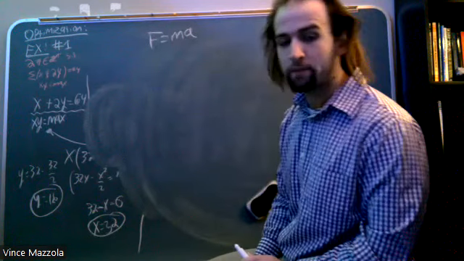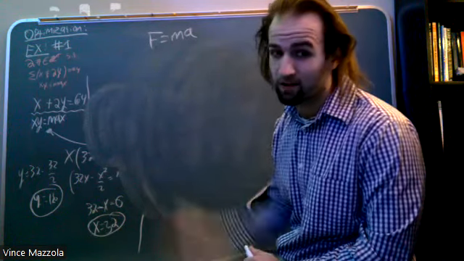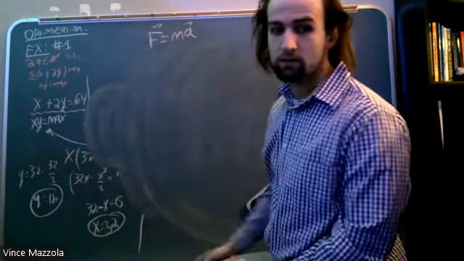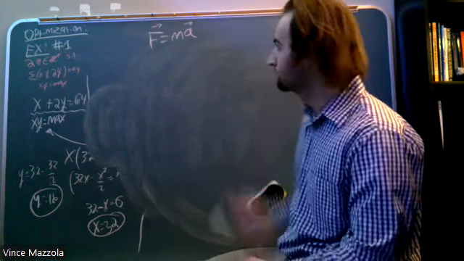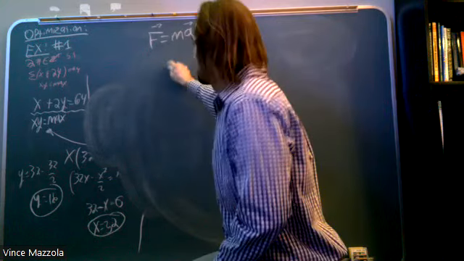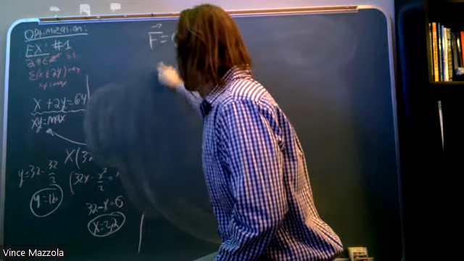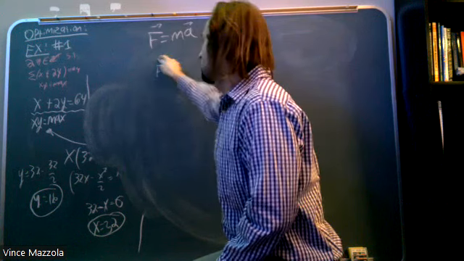F equals MA. And they're vector equations, so technically, you got your little vectors there, but that's not the actual formula for force. It's actually this, which is, you've probably seen me wear the shirt already.